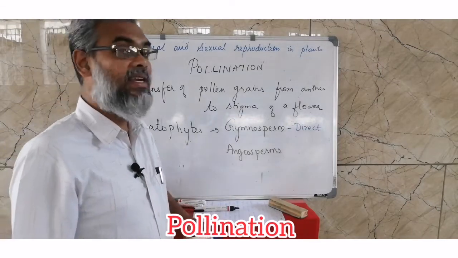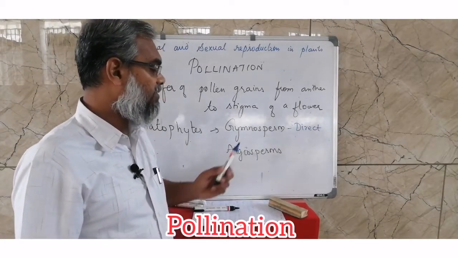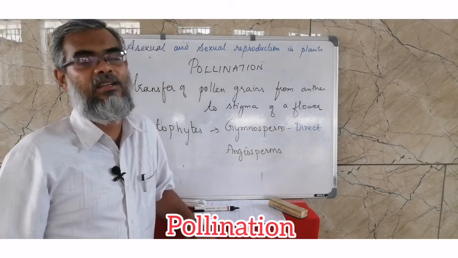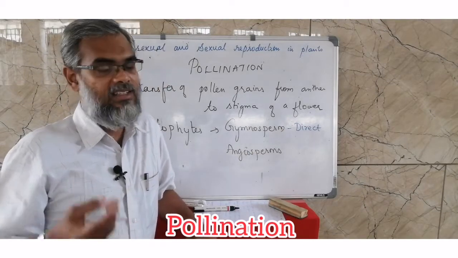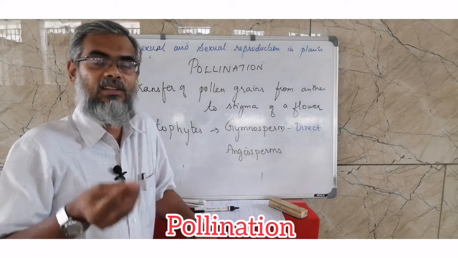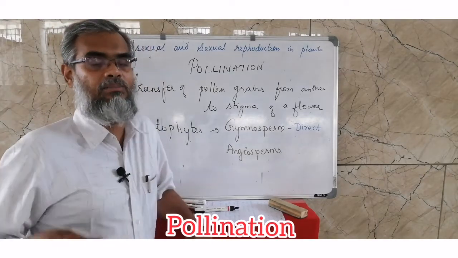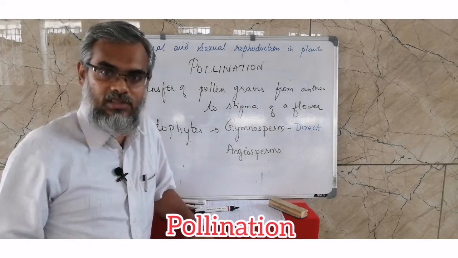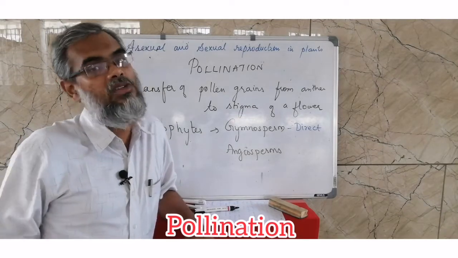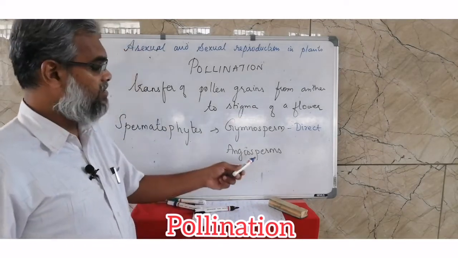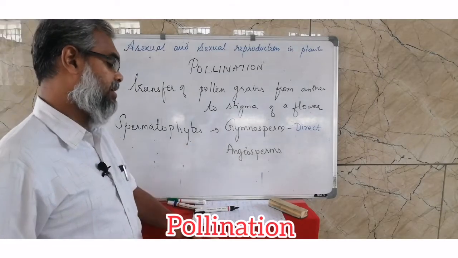That is why it is said to be direct. But in angiosperms, it is indirect pollination because the ovule is not naked. The pollen grain should transfer and then reach the ovule, isn't it? So it is called indirect pollination.